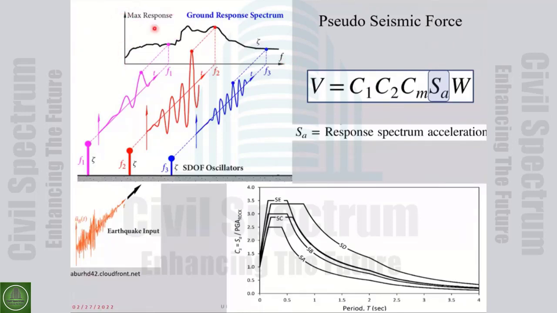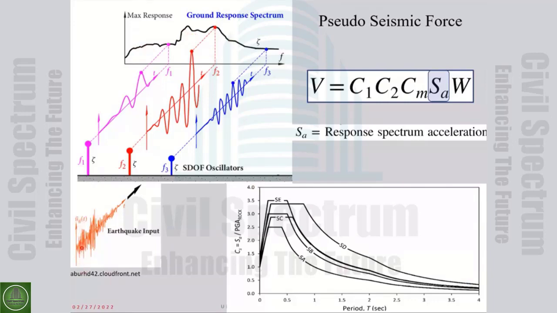For example, the maximum, and for us the acceleration is now important, the maximum acceleration of different buildings with different periods or frequencies. Therefore, as you know, the concept of the response spectrum in the code is very nice.